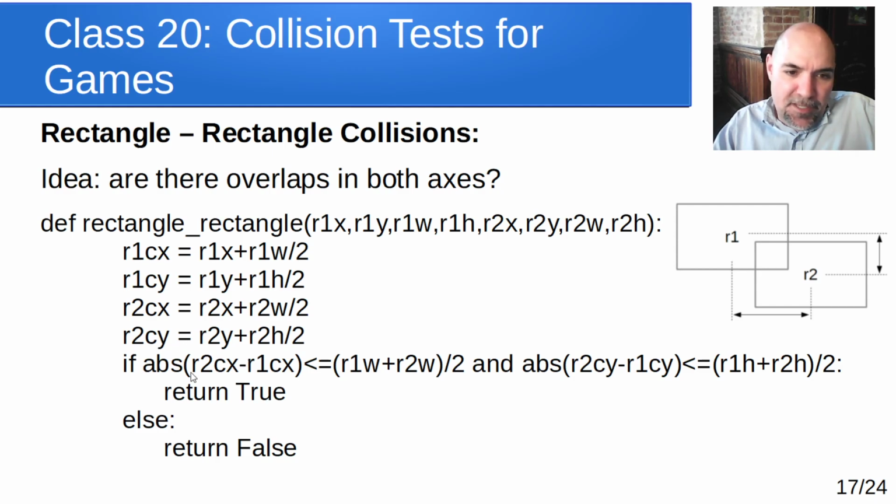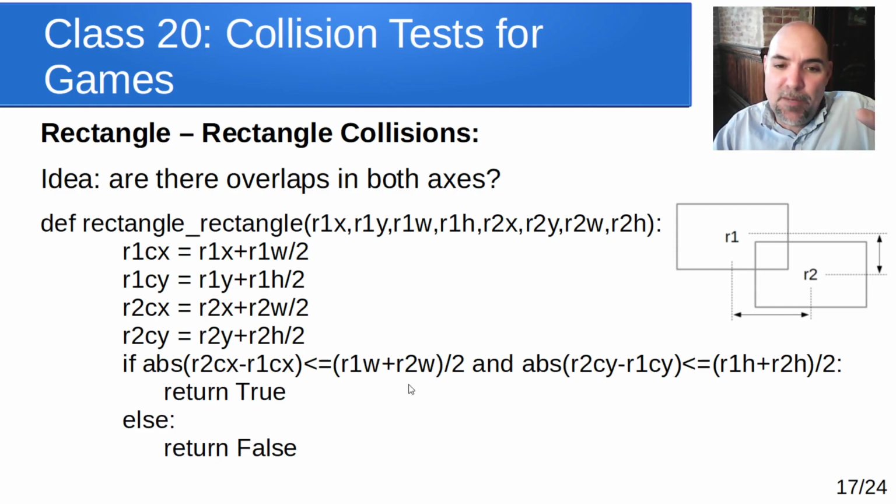And then I take the absolute value, in other words, the distance between the centers in X. And if that distance is less than or equal to the sum of the two widths divided by 2, in other words, rectangle 1 width divided by 2, rectangle 2 width divided by 2, I just factored out the 2 here, so if this is less than that, then it can overlap.